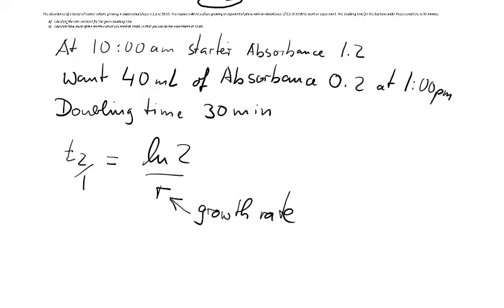if something has a doubling time or a half-life, and that is given, so here 30 minutes, doubling time, this only makes sense. Doubling time, half-life only makes sense in a first order reaction.